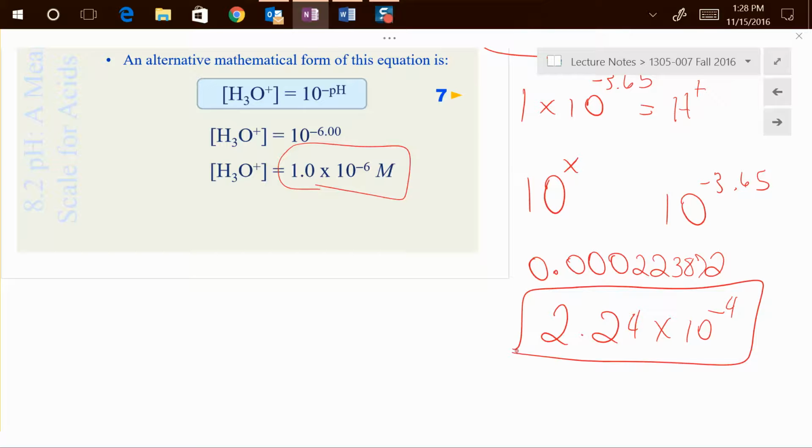What is the log of this number? What'd you get? Okay, now drop the negative because we're going to take the negative of the log, and it's 3.65.